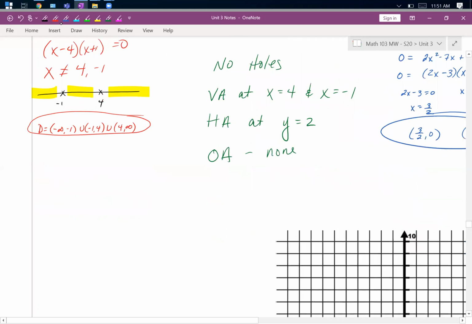On to our y-intercept. To find any y-intercept ever in our life, we let x be equal to 0 and solve for y. So y equals, and it doesn't matter if you use the factored form or the multiplied out form. I typically like to use the multiplied out form here.